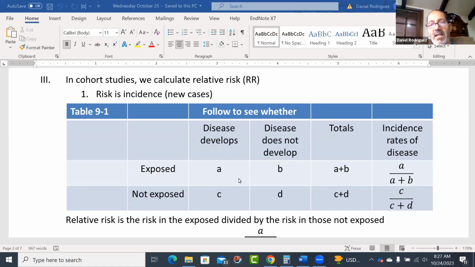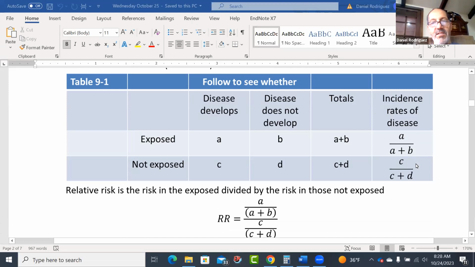So we take the number of new cases, the people who develop the disease, divided by the total of both those who do and those who do not develop the disease, and we'd get the incidence, right? Incidence and risk are the same thing. So hopefully you understand why, because if the incidence is high, the risk is high, right?